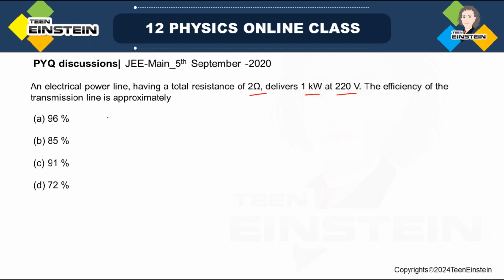The efficiency of the transmission line is approximately? So you know what efficiency is. Efficiency eta is power output by power input.